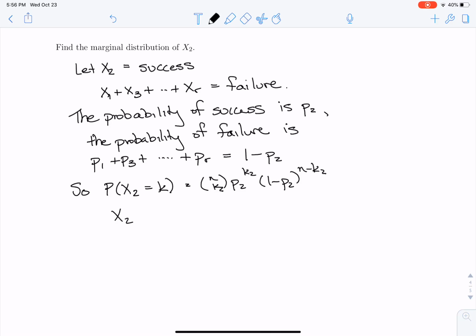So x2 is a binomial distribution. So if you have a multinomial distribution, then each of the marginal distributions for x1 through xr are binomial distributions.